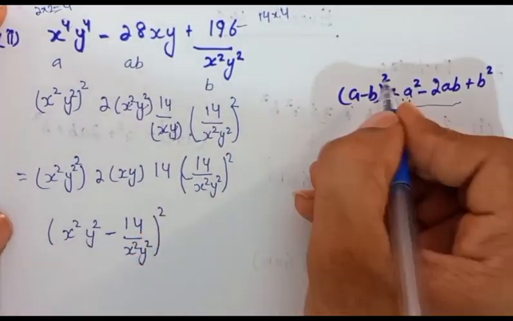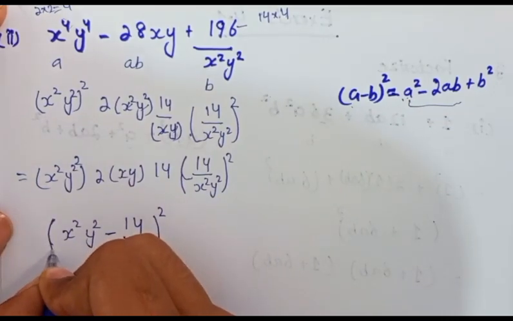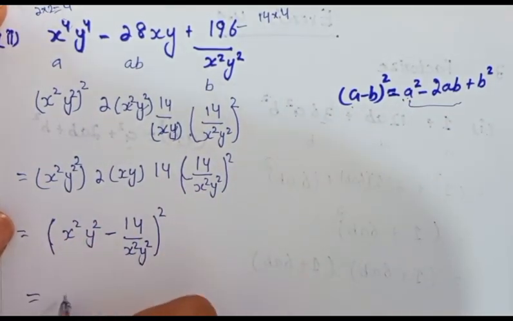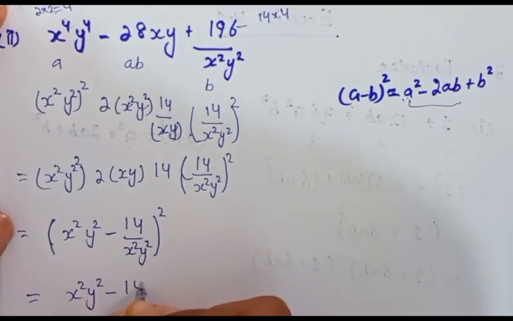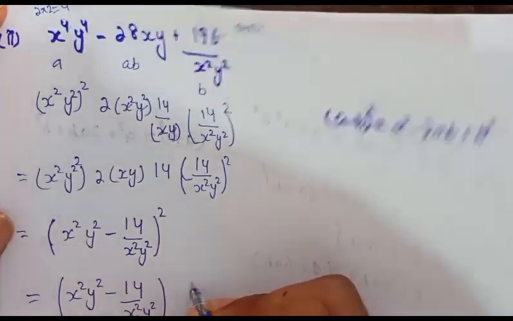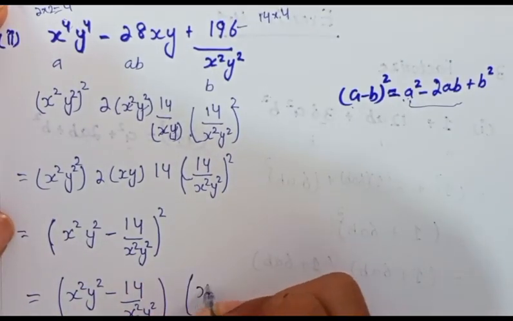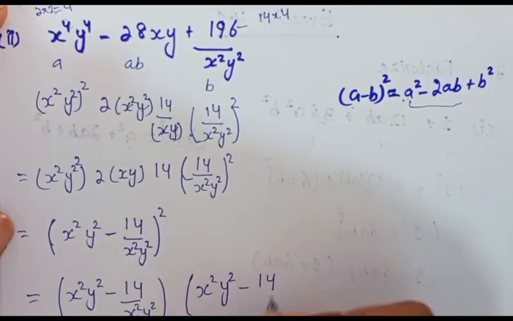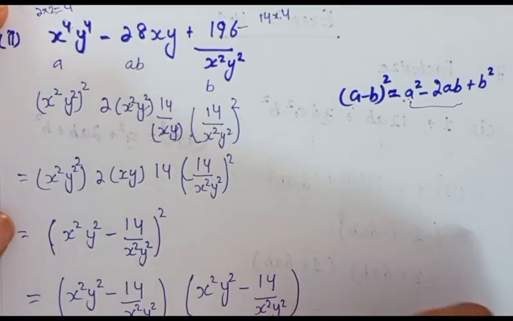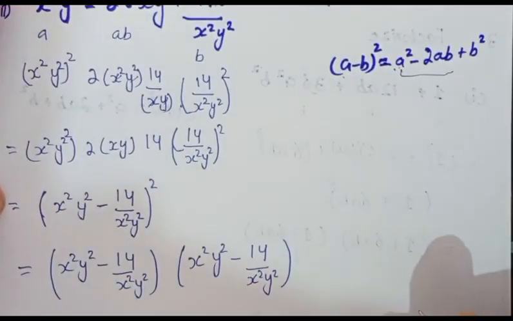So we have all square, so I can write it likewise: (x square y square minus 14 over x square y square) whole square. In this form I can write it.